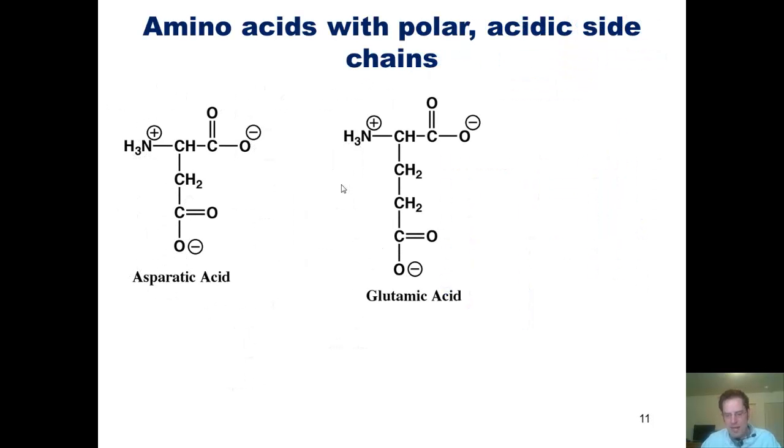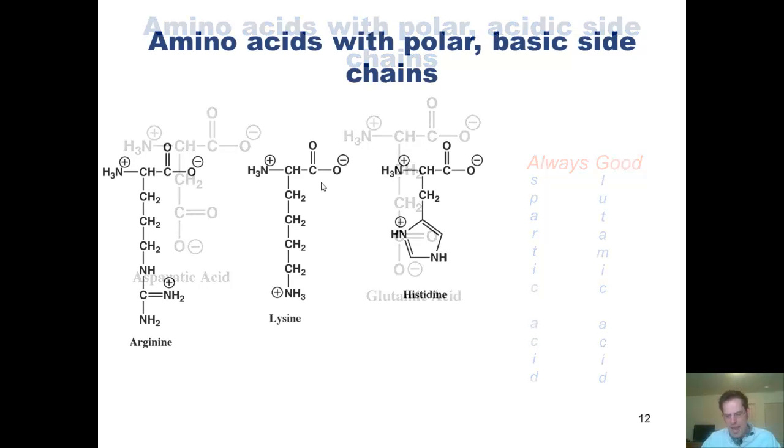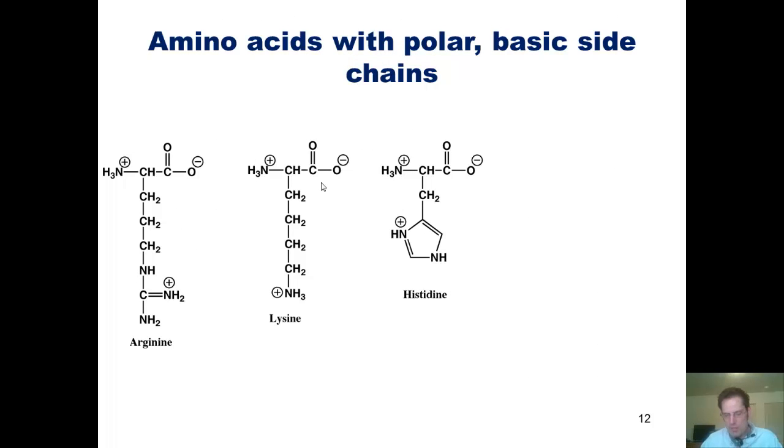For remembering the amino acids with polar acidic side chains, you might consider the phrase "always good." Aspartic acid and glutamic acid. And for remembering the amino acids with polar basic side chains, I want you to remember the acronym HAL. He's one of my favorite characters from the show Malcolm in the Middle. Anyway, HAL stands for histidine, arginine, and lysine.